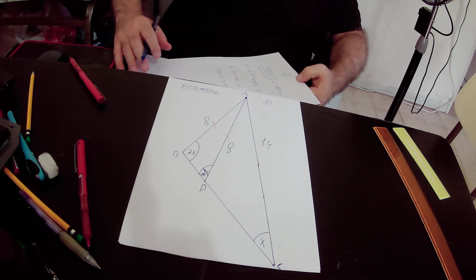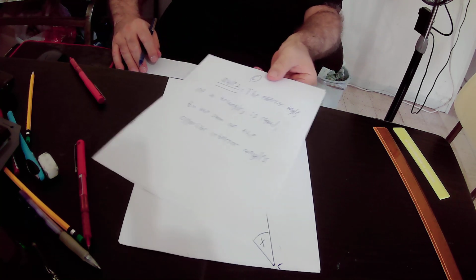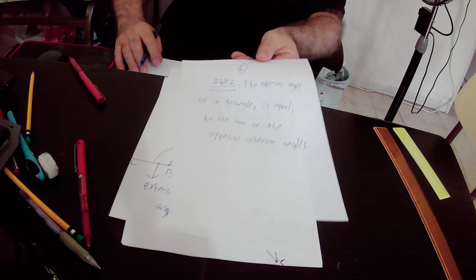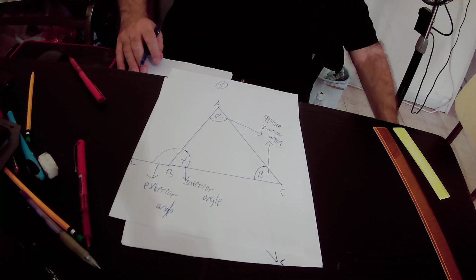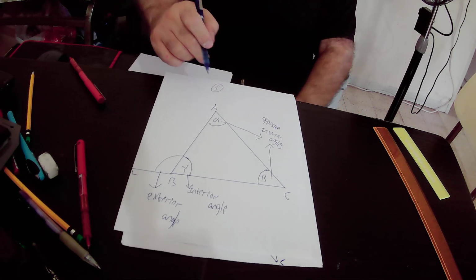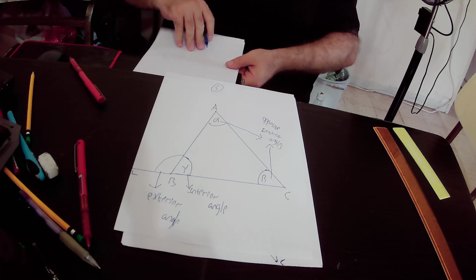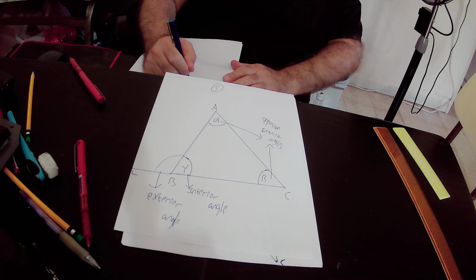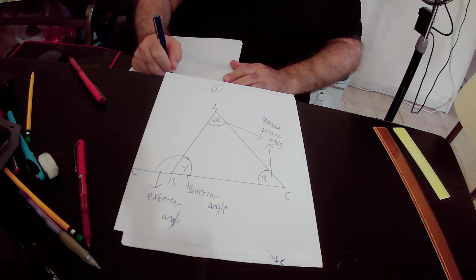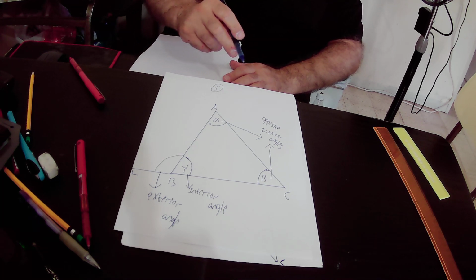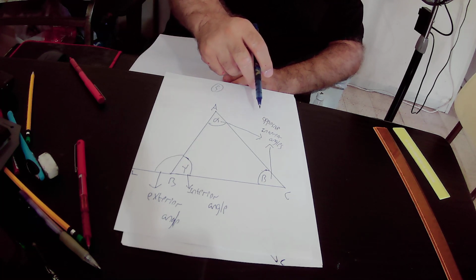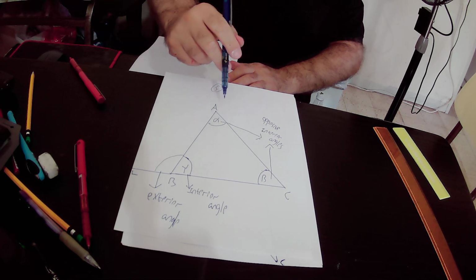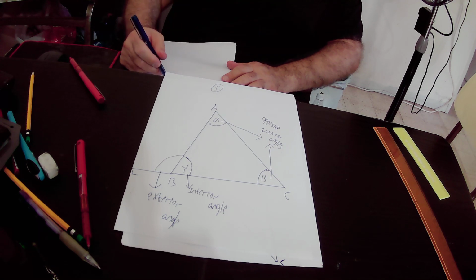So in our example, the exterior angle ABL is equal to the sum of the opposite interior angles. So angle ABL equals angle alpha plus beta.